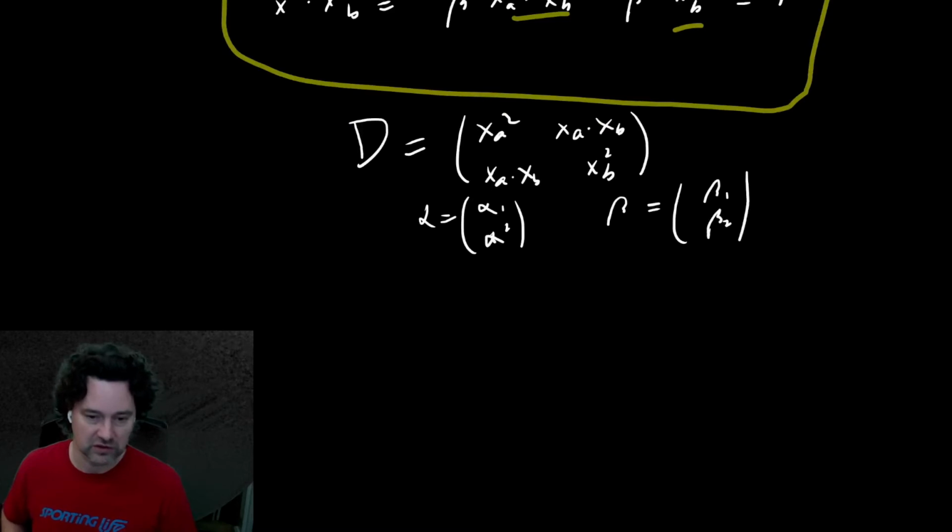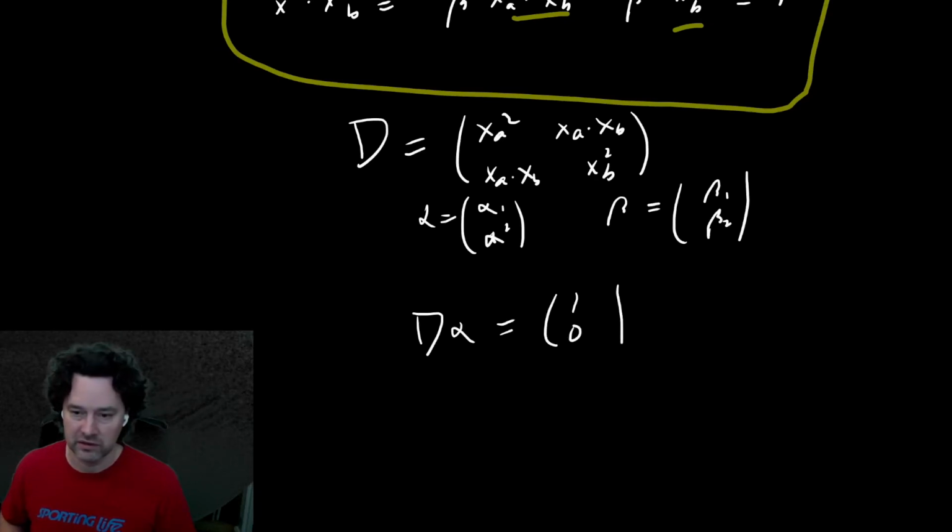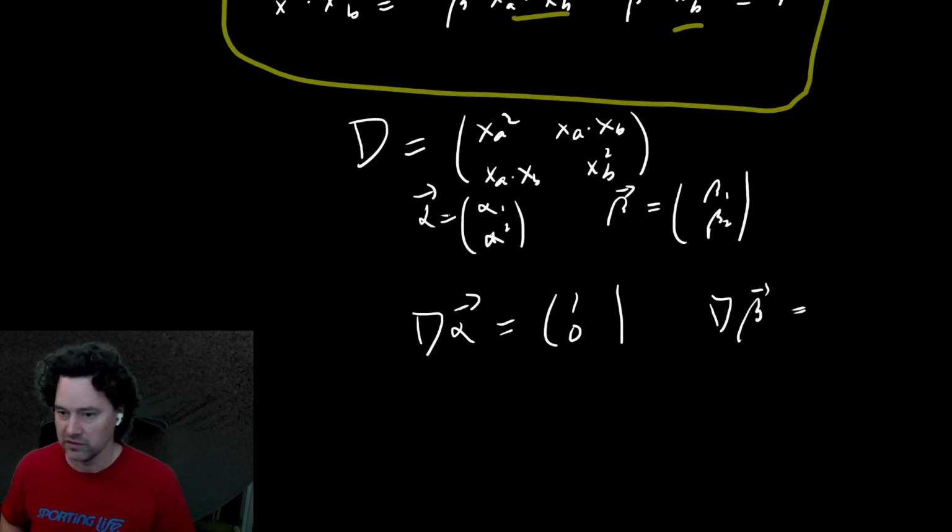So that's our system. D alpha equals 1, 0, and D beta, these are coordinate vectors, equals 0, 1.